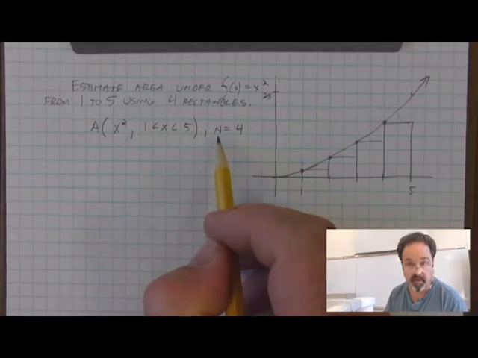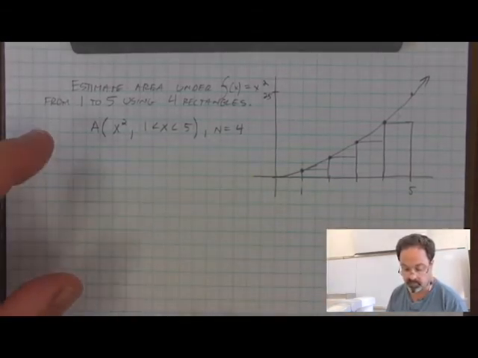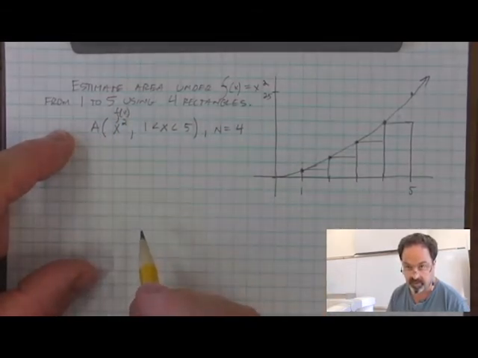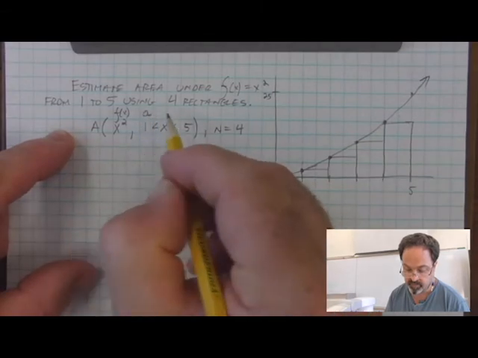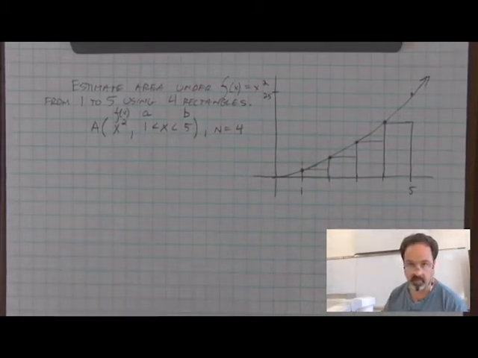So n, the number of shapes that we're going to use in our estimate, is equal to 4. In general, this is the function of x, and typically we use a and b to represent the beginning and end, or the lower bound and the upper bound of the interval.